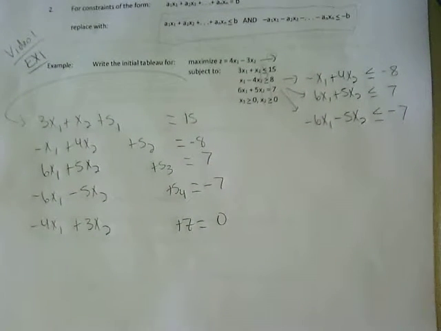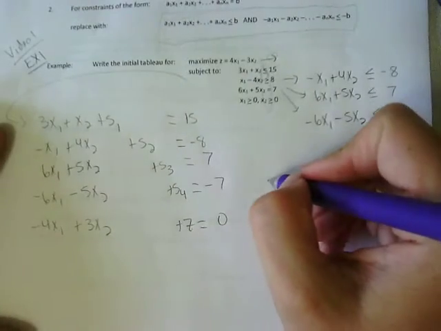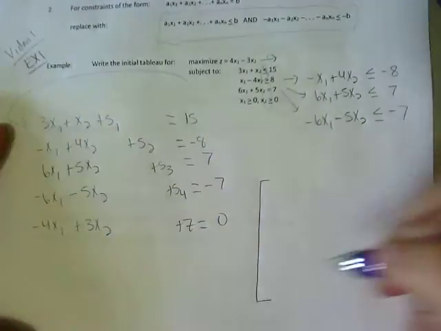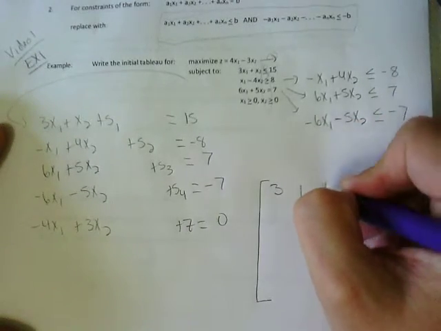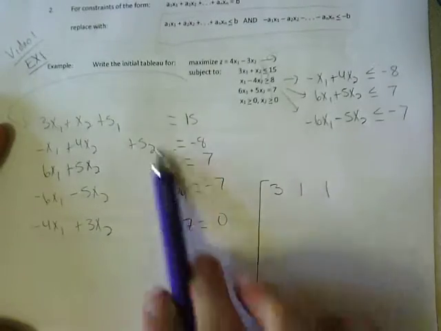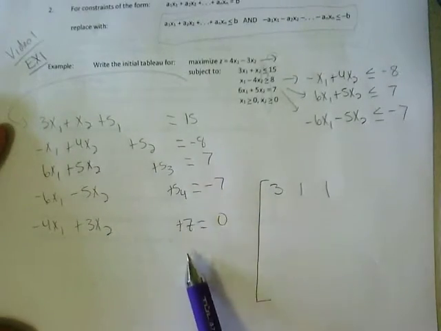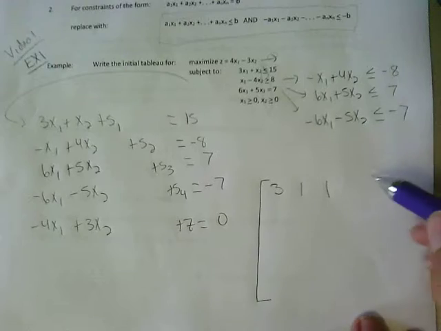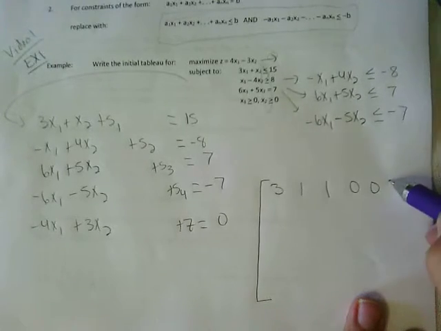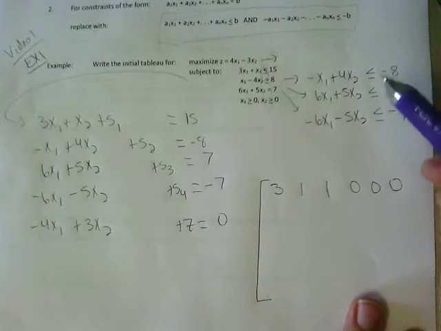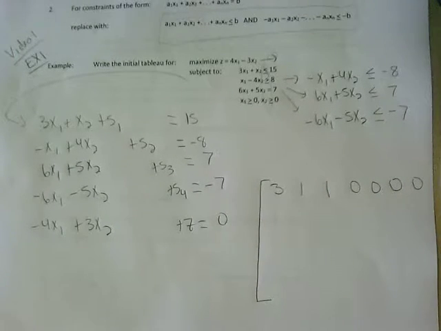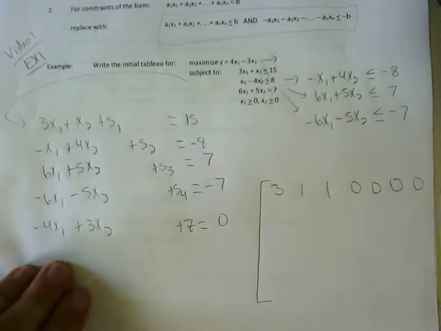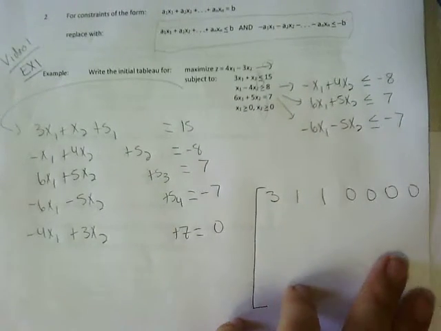So if I were to solve this problem, I would want to put all of this into my tableau. I'm going to have 3, 1, 1. And I have to make sure I have s2, s3, s4, z all in there. So 1, 2, 3, 4 zeros. And finally, I have 15 over here.